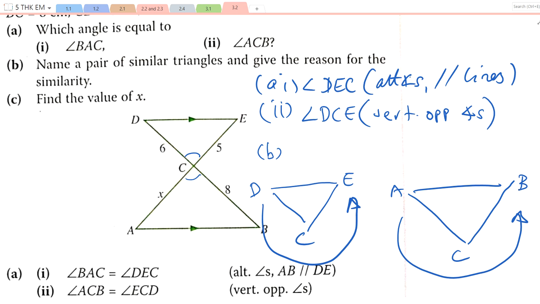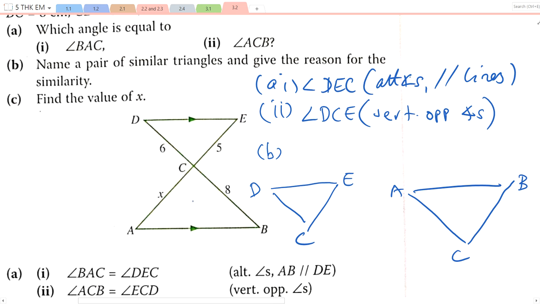Let's see, we fill in all the blanks that we have. We do know that this is 6 and this is 5. I know that AC is X. I know that BC is 8. In part 1, I also knew that DEC, this angle is equal to BAC. Oh, okay.